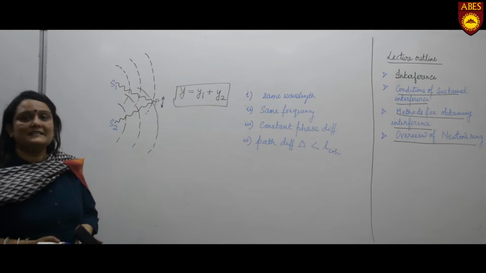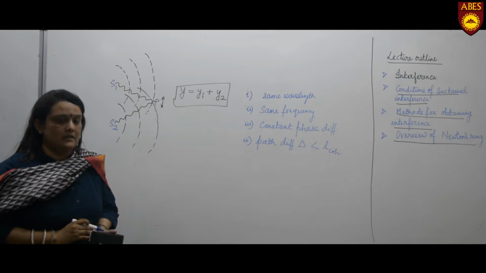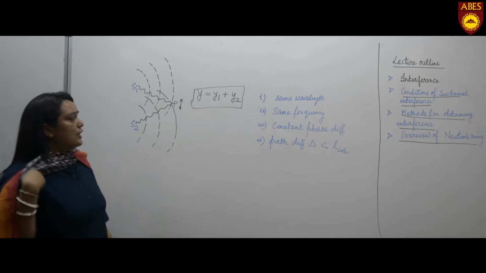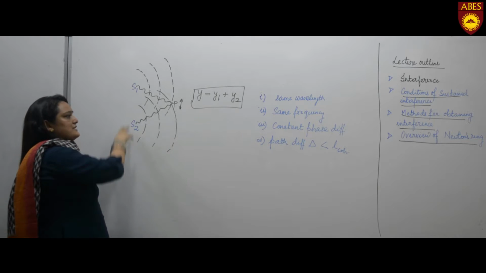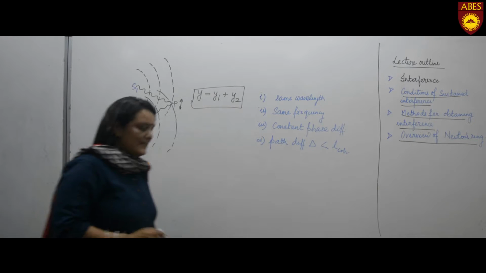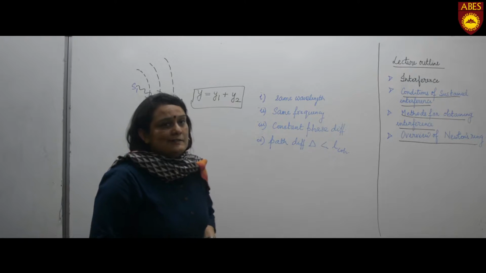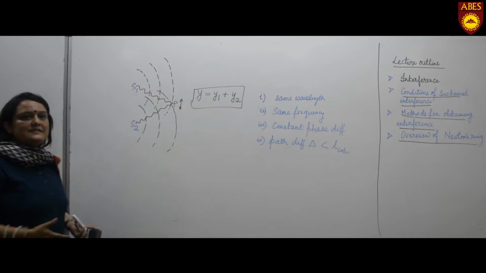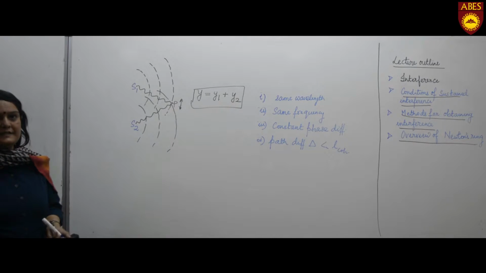Now, how to get this interference pattern? Can any one single source or two different sources give rise to the same phenomenon? That we need to discuss now: whether two independent sources can generate the phenomenon of interference.